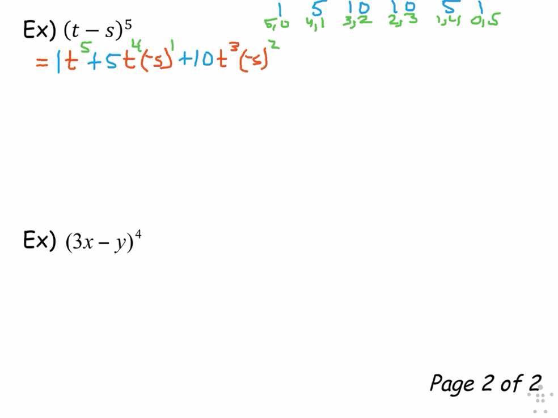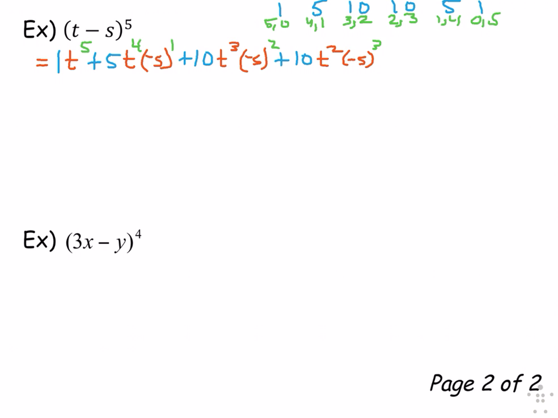I continue this pattern grabbing from Pascal's triangle for the coefficient, and then descend, ascend, always splitting whatever the degree is, so that's 5, so 2 plus 3 is 5.